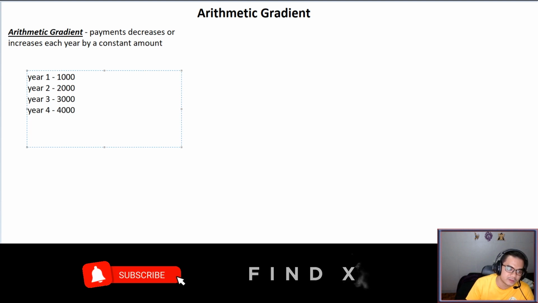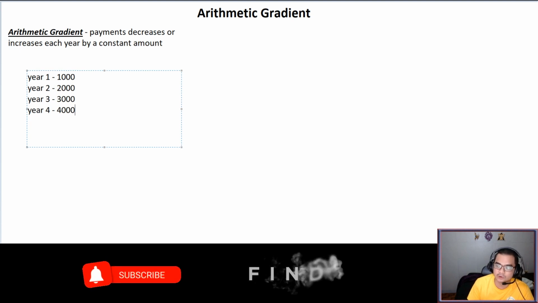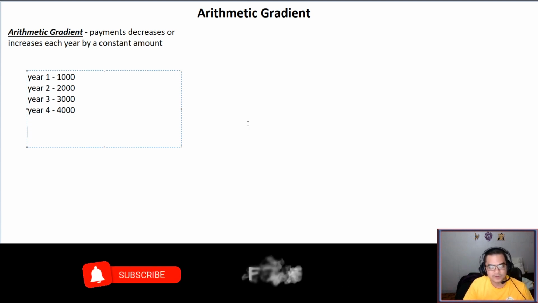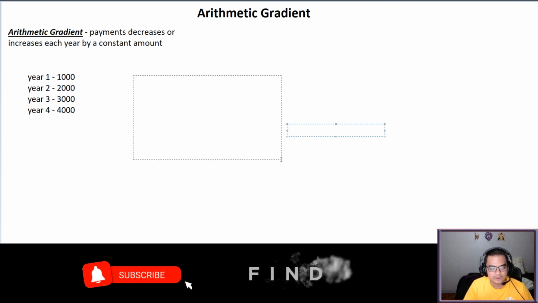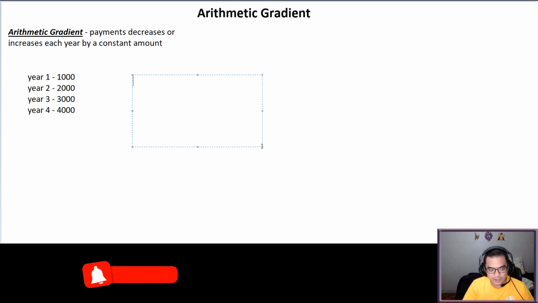As you can see, the amount that we pay each year increases by how much? By 1,000. So that's a constant amount each year, from 1,000 to 2,000, 3,000, 4,000. So that is increasing; the payment you are making increases each year.